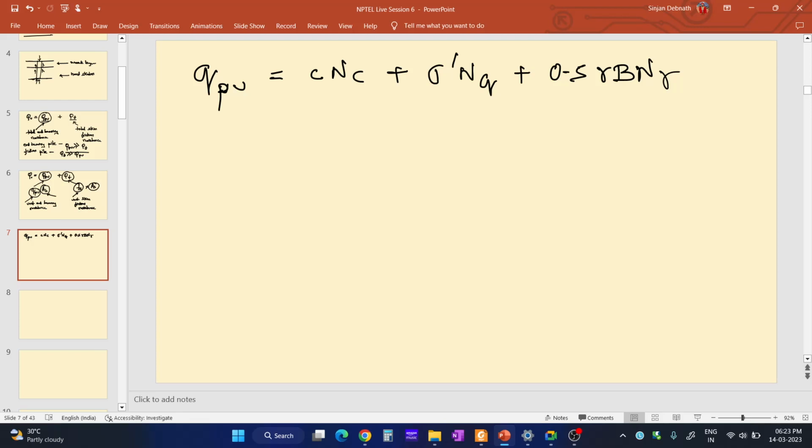So if we apply this to a pile, suppose we consider this to be the bearing capacity of a pile. We are not considering skin friction, we are only considering end bearing, since this tip is also resting on a soil. You see, this is a soil layer and this tip is in contact with the soil.